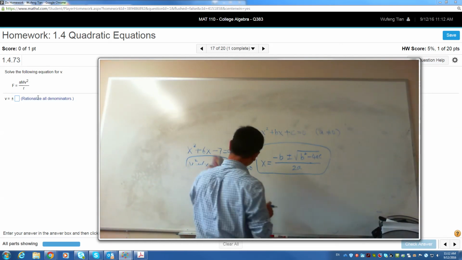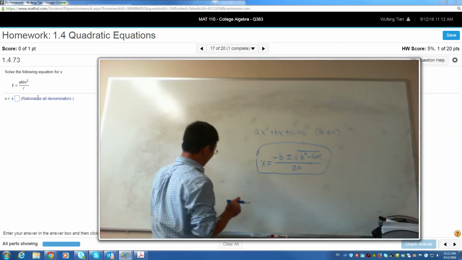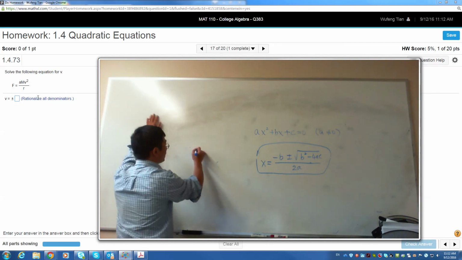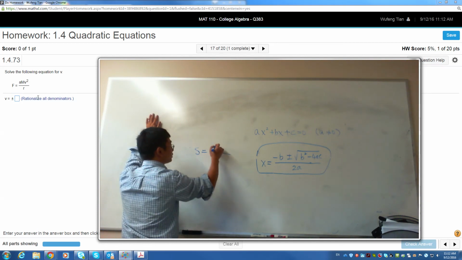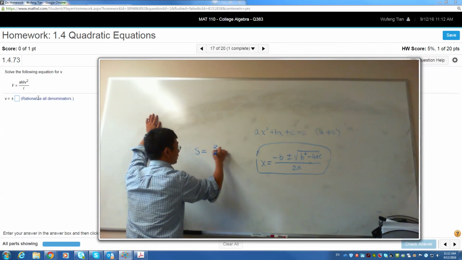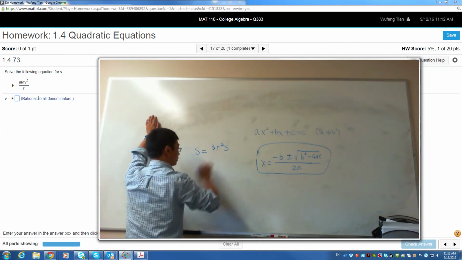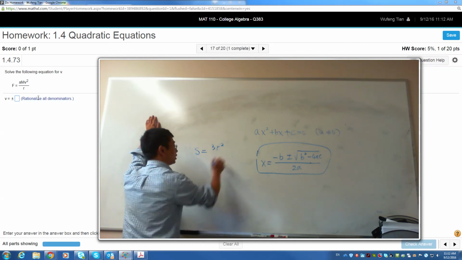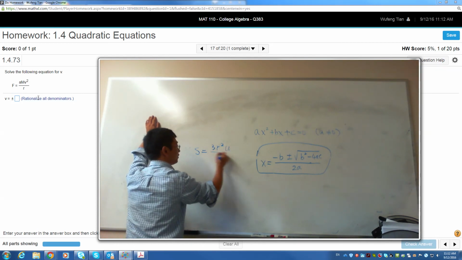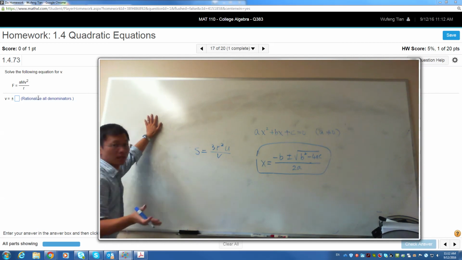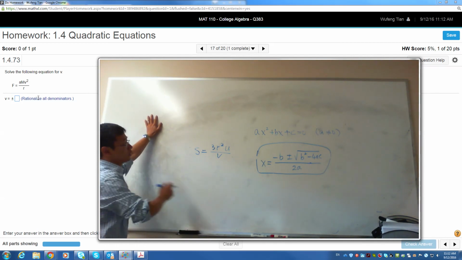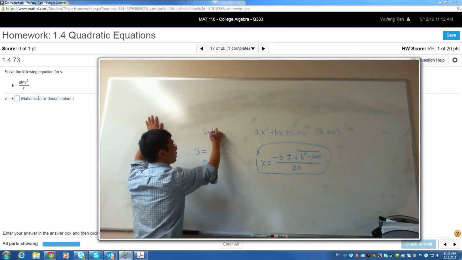For example, you have an equation like s equals 3r squared u over v. What you want to do is, suppose it says solve for r.